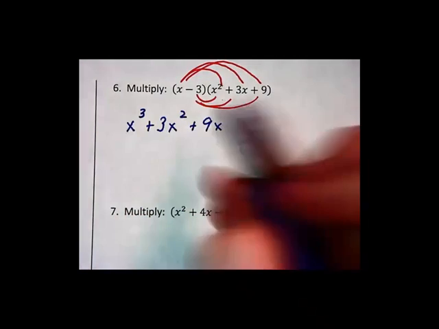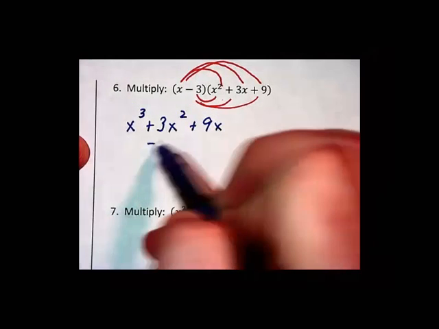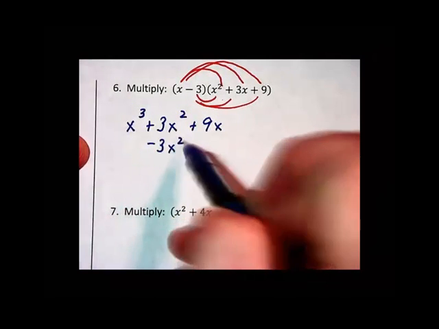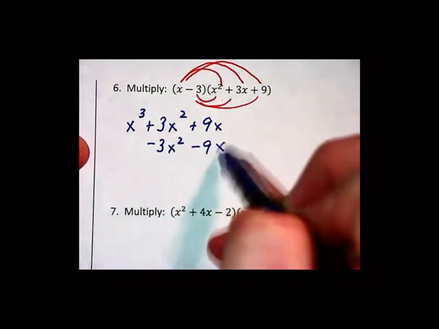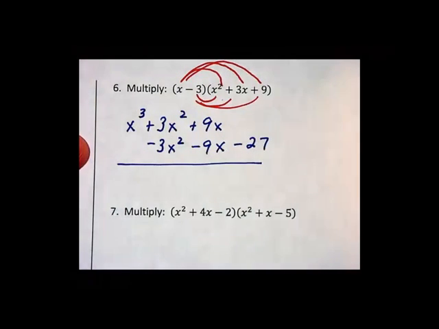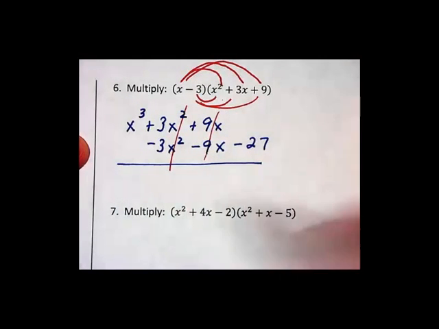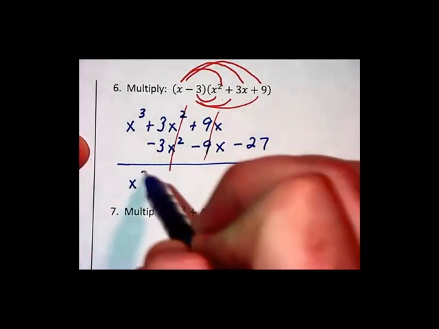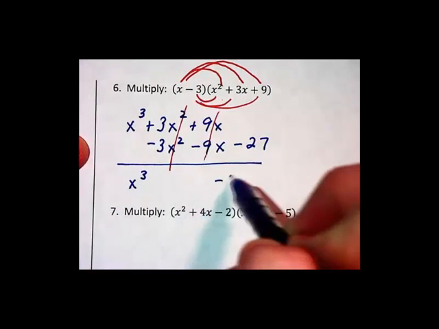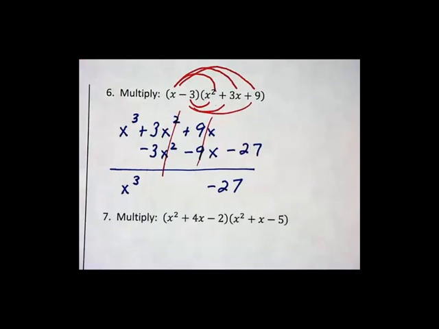And then multiplying the negative 3 by each thing in the next parentheses gives us negative 3x squared minus 9x minus 27. When we add down, it turns out that a bunch of these terms cancel each other out, and our product here will be x cubed minus 27. Done.